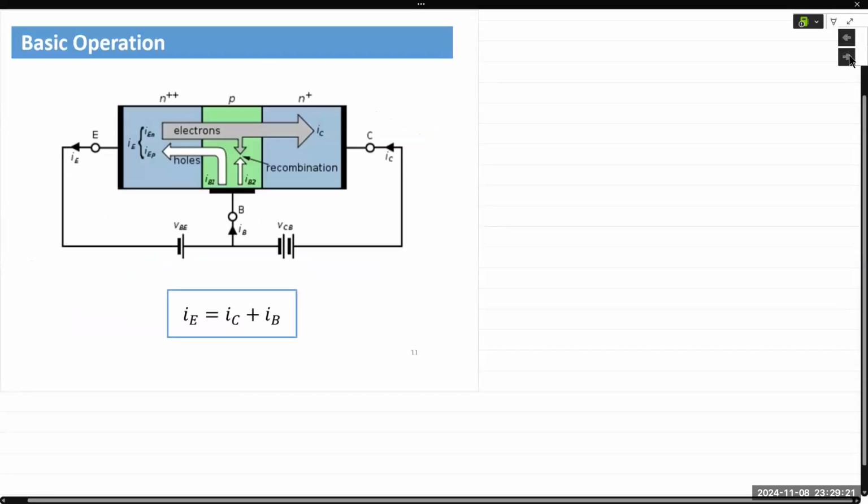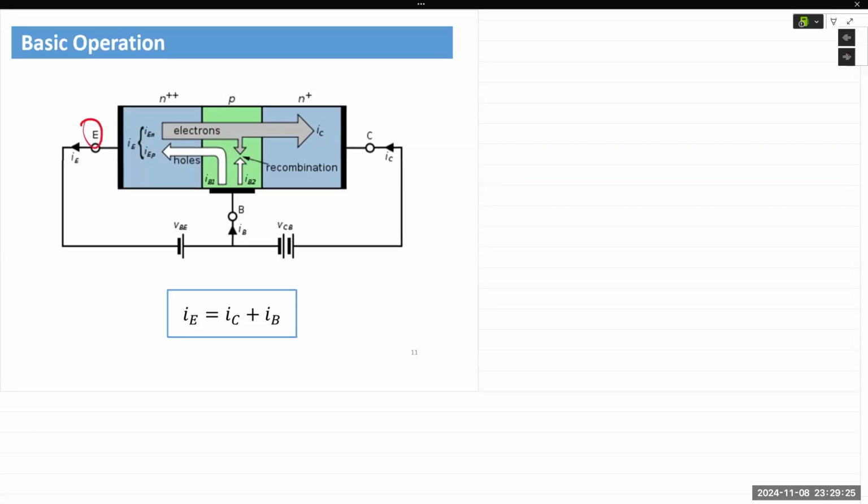Okay, so here we have the emitter on the left, base, and the collector on the right. This illustration is showing an NPN transistor. And as stated previously, the N plus and the N plus plus is simply relative. It's showing that the emitter is more heavily doped as compared to the collector.